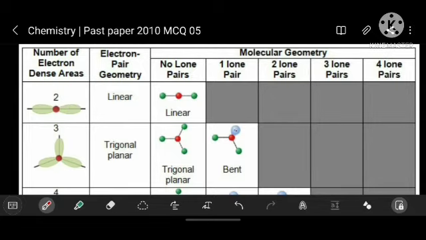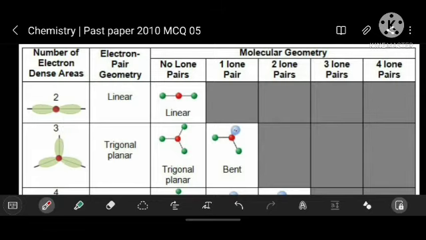In our case, in SO3 2 minus we have 3 bonding pairs and 1 lone pair, so we have 4 repulsive units in total.